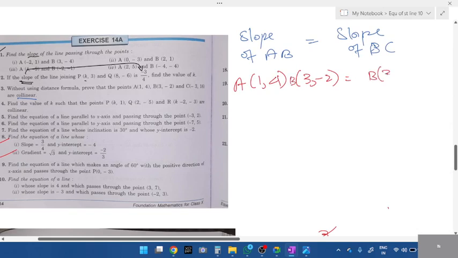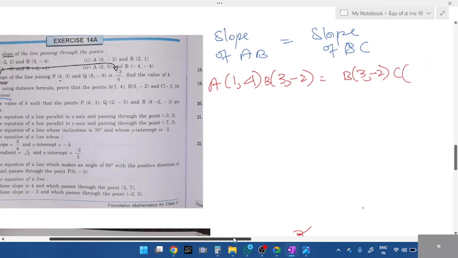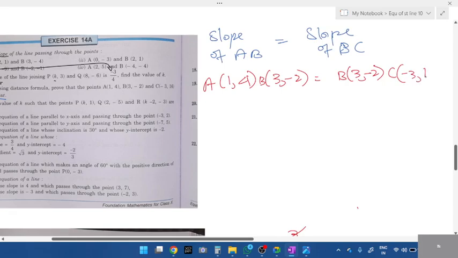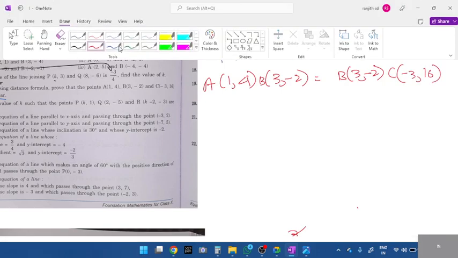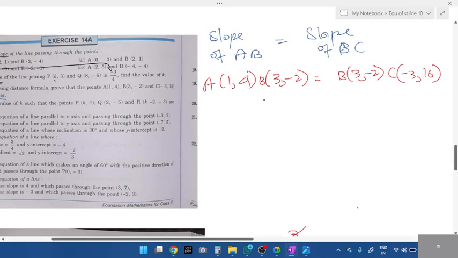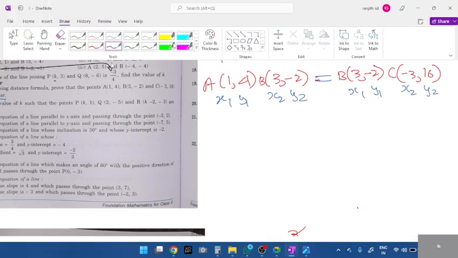B is equal to 3 comma minus 2. C is equal to minus 3 comma 16. Now consider these two as separate questions. Don't take x1, x2, x3. They are both separate questions. x1, y1, x2, y2. Even here x1, y1, x2, y2. Is this clear, students? All of you understood?